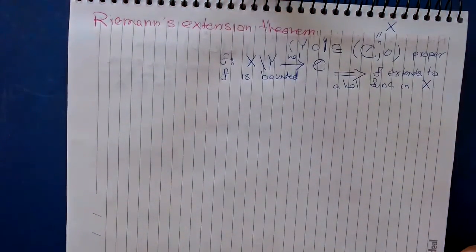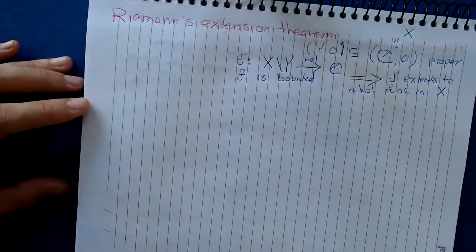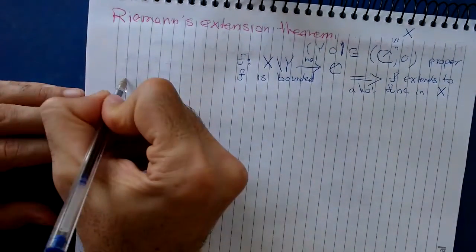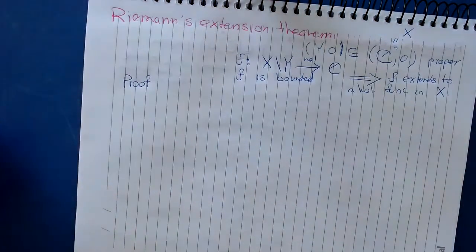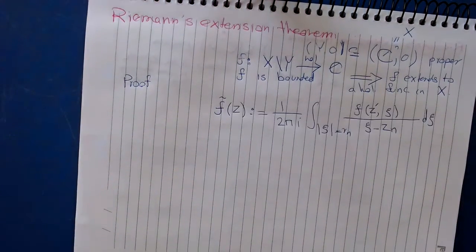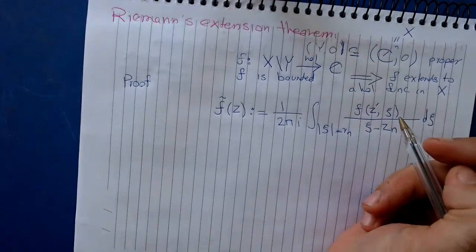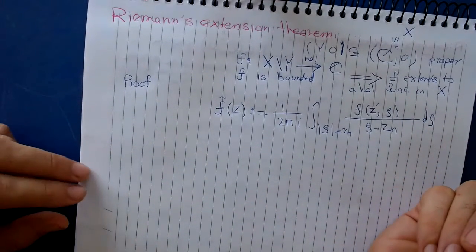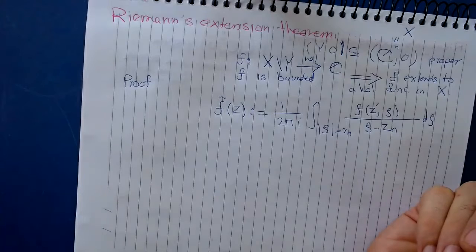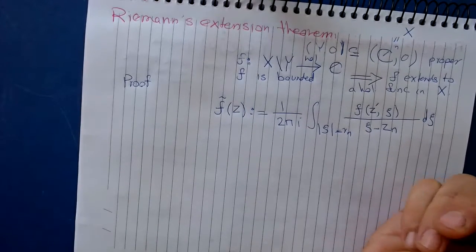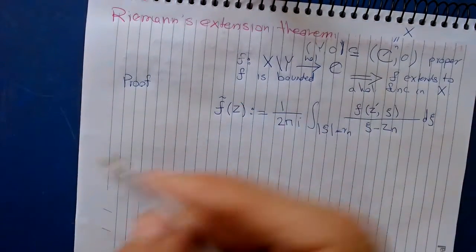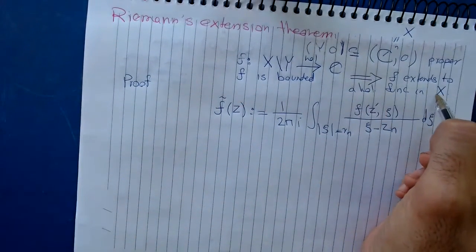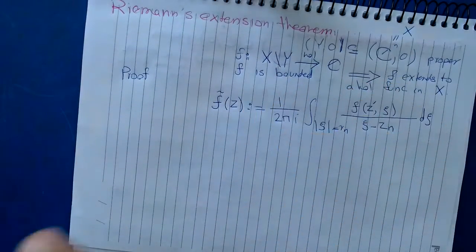Okay, so the proof is: in order to prove the theorem, we first use the fact that this y is proper.